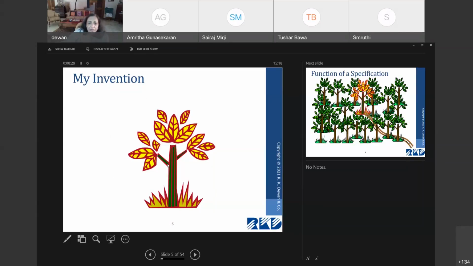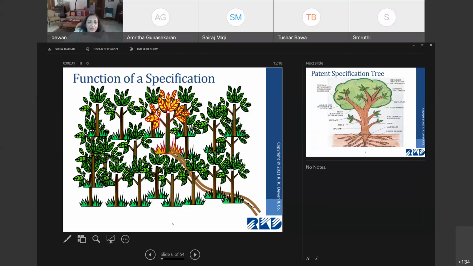And now the purpose of our patent specification is to draw this path.